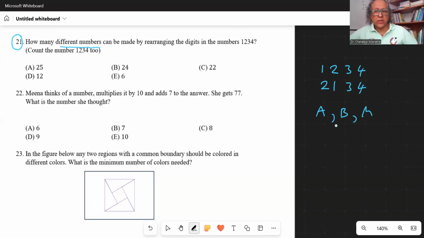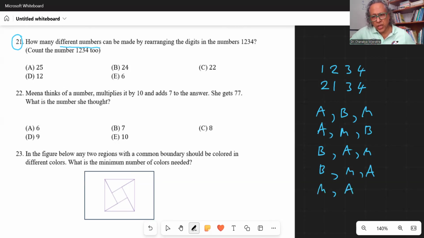And we found that there are 6 arrangements, right? So I can quickly write the arrangements, starting with banana. So let's write the B nicely, and A, M, B, M, A, and then starting with mango, M, A, B, M, B, A. So there are 6 arrangements.